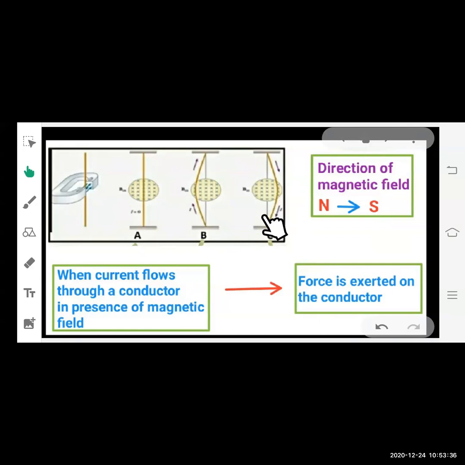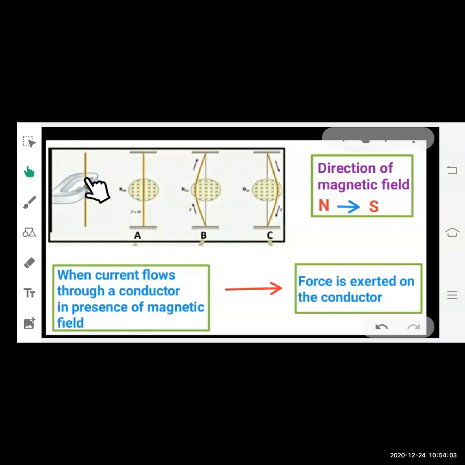But if the direction of current is reversed, from bottom to top, the force exerted on the conductor moves it to position B. So the conclusion of this experiment is that when current flows through a conductor in the presence of a magnetic field, a force is exerted on the conductor.